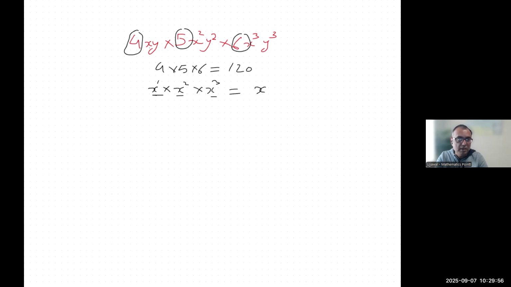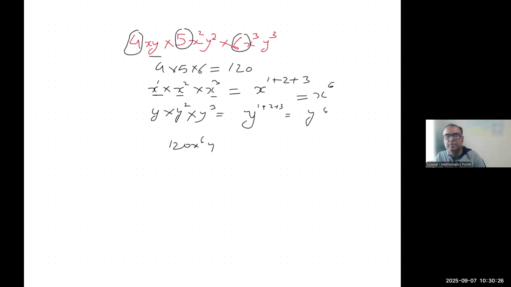So we'll say 1 plus 2 plus 3 makes it x raised to the power of 6. And let's do it for y as well. So y is 1y here, 2y's here, 3y's here. 1 plus 2 plus 3 makes it y to the power 6. Combine all of them and you get it.